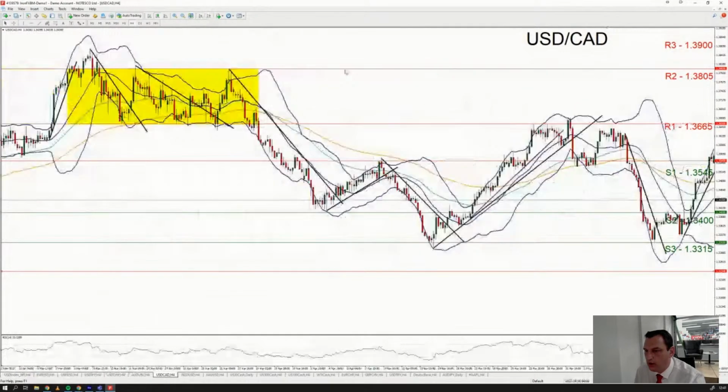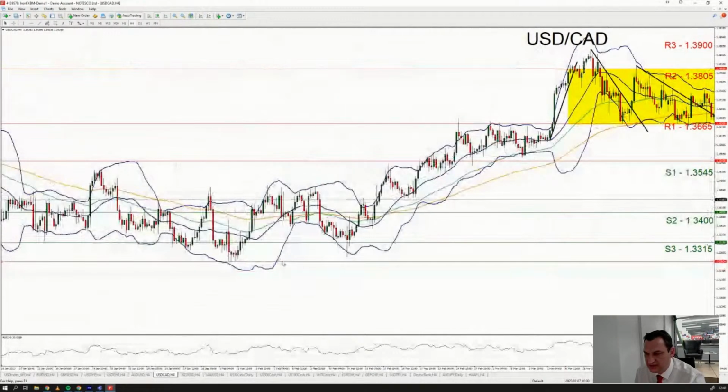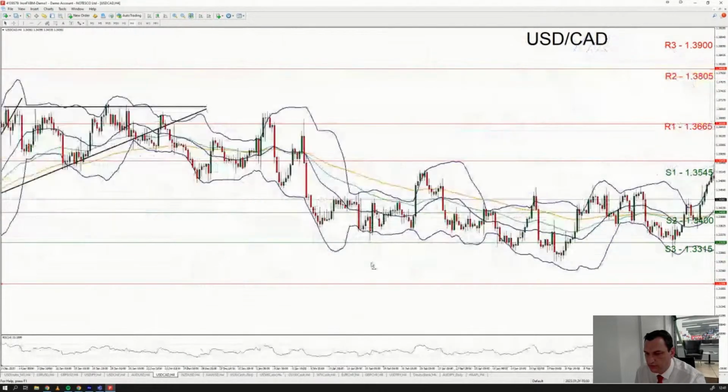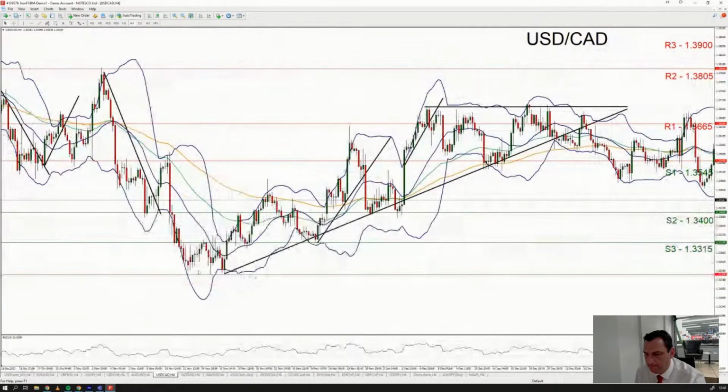Let's unlock the chart, go further back. These are some nice levels here, but they are far too narrow to the S2, so I'm going further back. I think this one's it. There you are. And we're talking about mid-November last year.